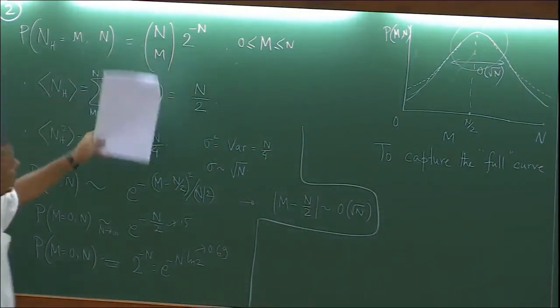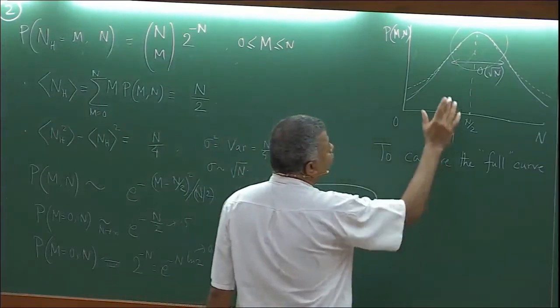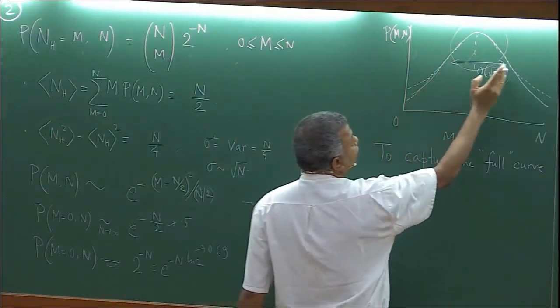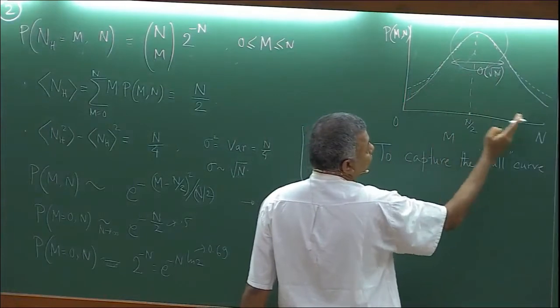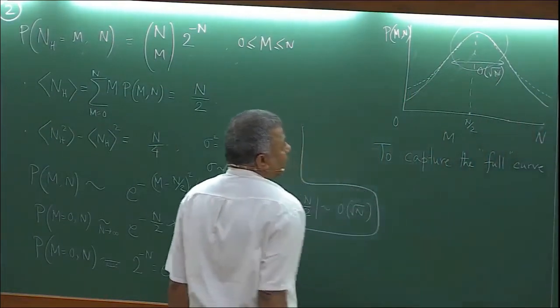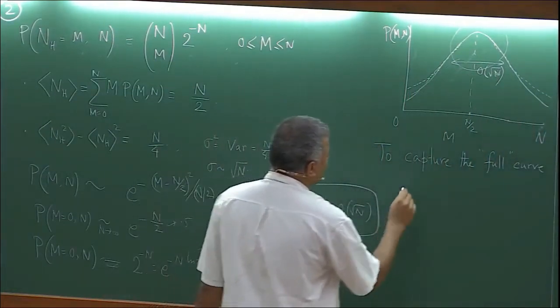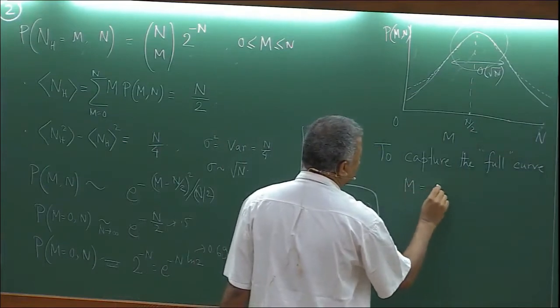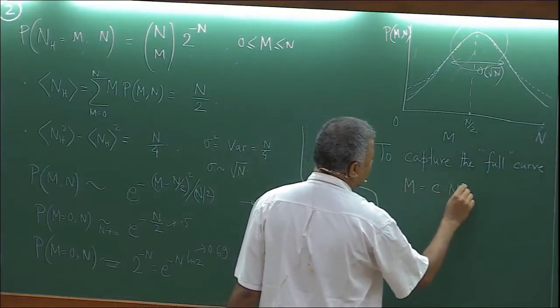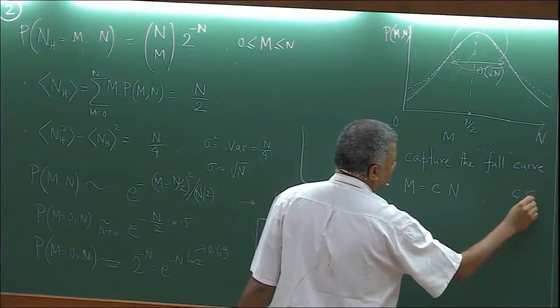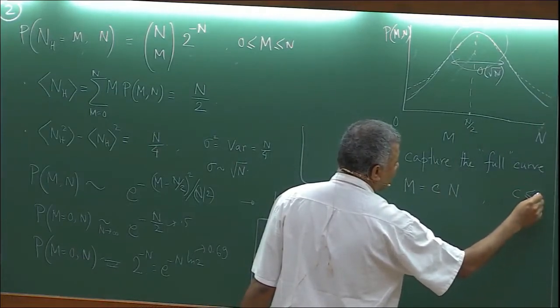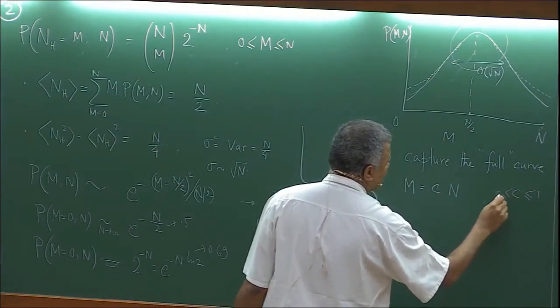This is this guy here. Because I'm now looking for fluctuations not just of order square root of n, but of order n, you can set m equal to some c times n, where c is a fraction of positive heads basically, and it varies between 0 and 1.